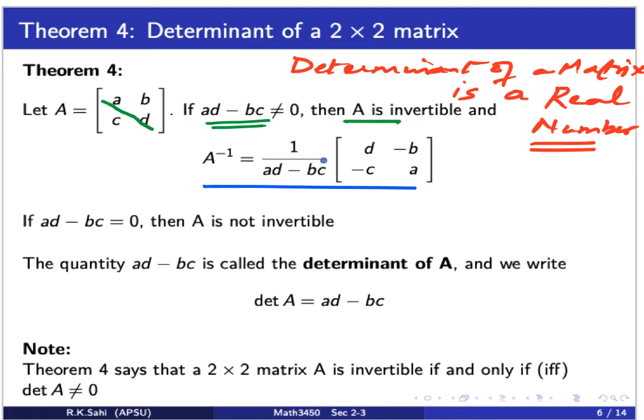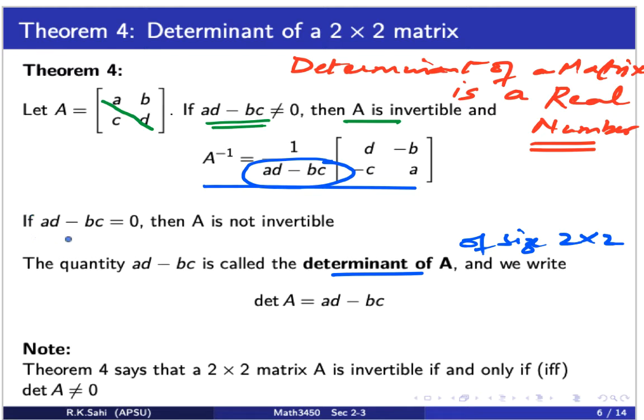What it says here is that AD minus BC on its own is called the determinant of a matrix A of size 2 by 2. Please keep in mind that we can find determinants of matrices of bigger sizes, but for a 2 by 2, you take the product of the diagonals and subtract one from the other.